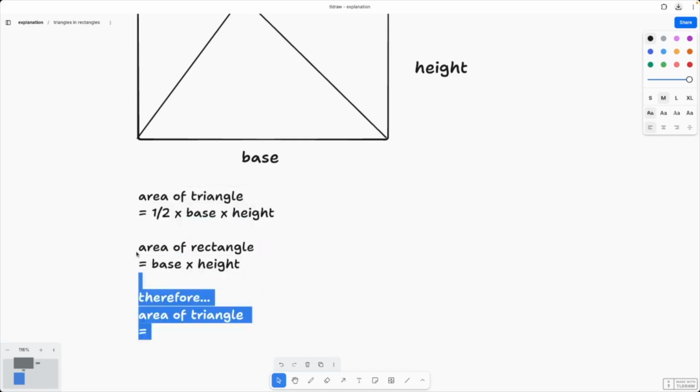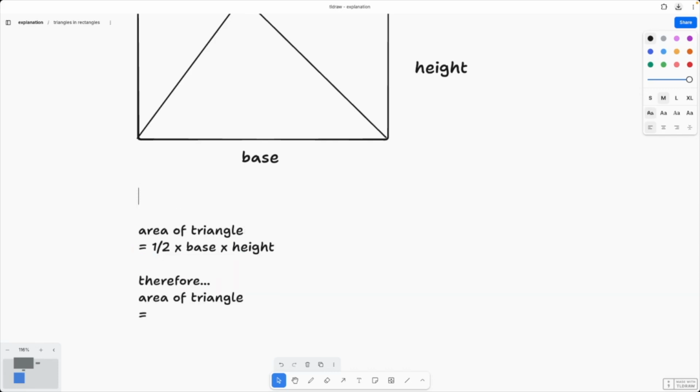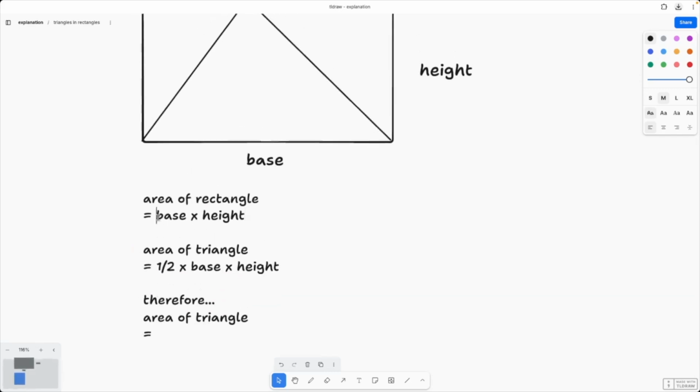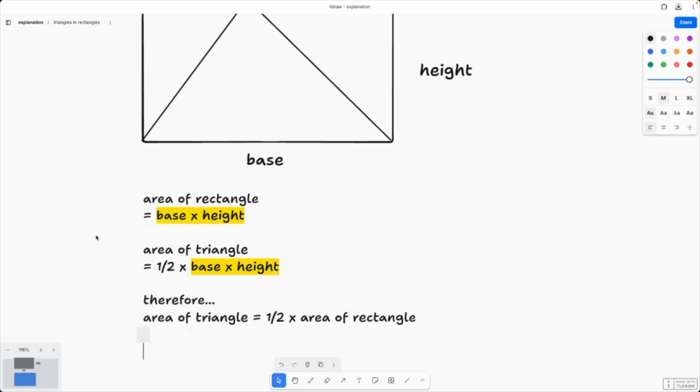If I make it a little simpler and highlight this as well, base times height, base times height, so the area of a triangle is just half times the area of the rectangle, right? So are you mind blown right now?